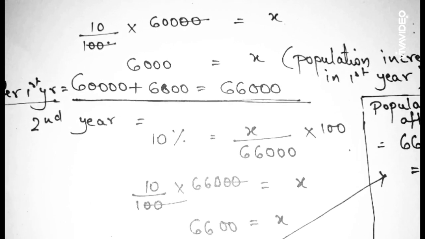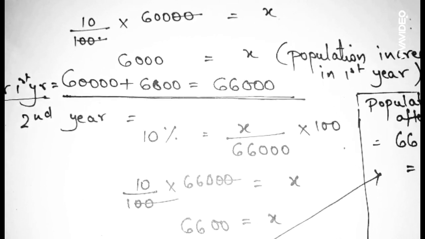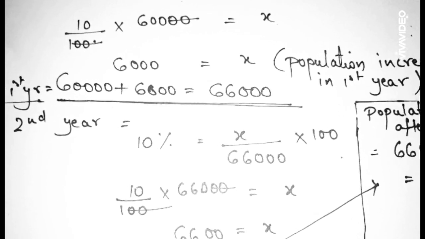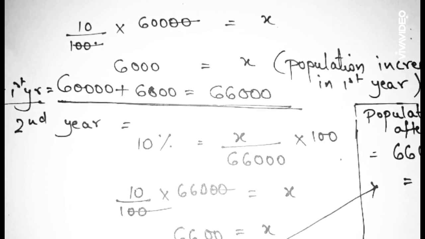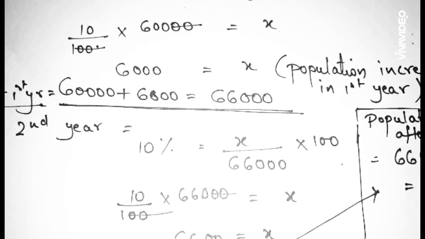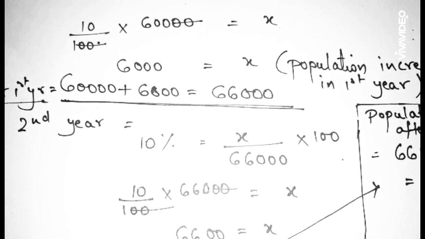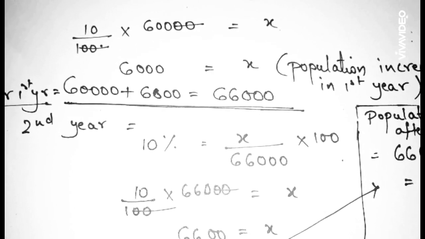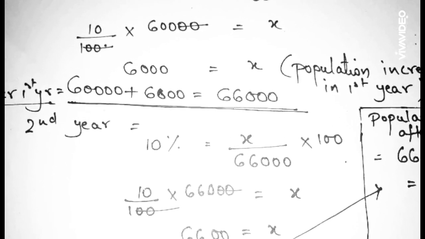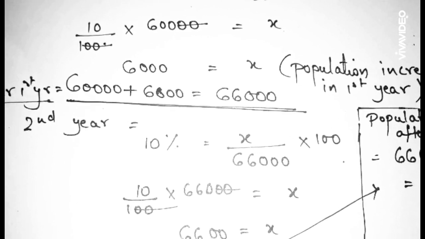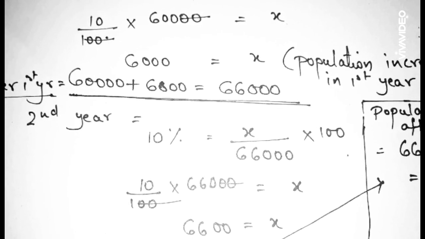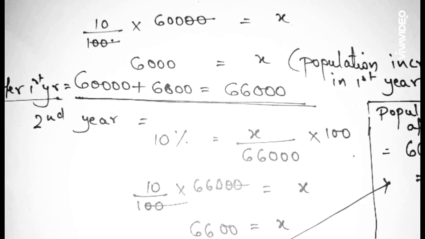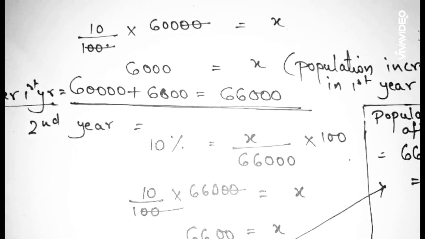So in the same way, 10% equals x upon the original, and the current population of that town is 66,000. So 10% equals x upon 66,000 into 100. Again by transposition, x will be 6600. So after the second year, the population which will be increased is 6600.